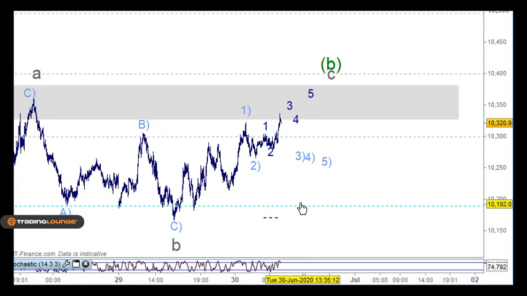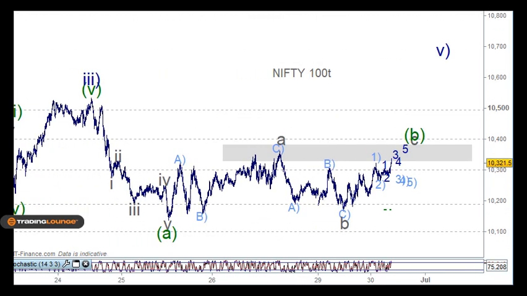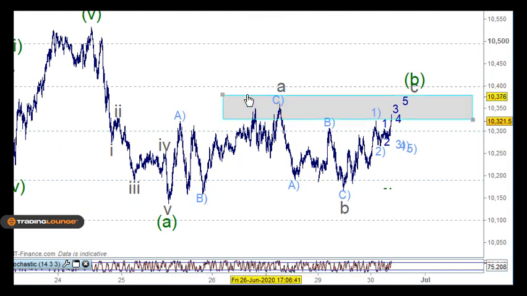Well, it looks to me that it can go further to the upside here, and we would need to look at counting this further, but I find it a little bit frustrating. I can't count this as the A wave, the B wave, and the C wave to this particular point here, because we certainly don't have 5 waves in here, unless this is the high on the cash market or something, and we can go 1 and 2 here, and 3 and 4 and 5. But even so, wave B is really overlapping this here.